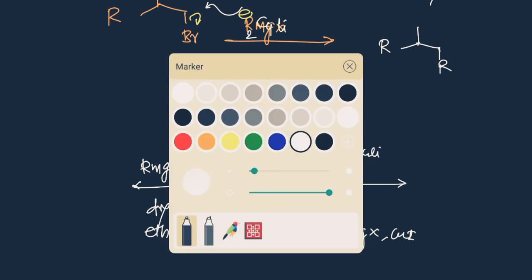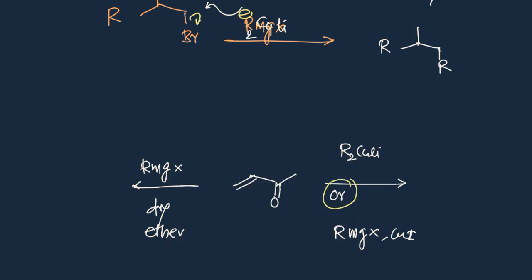Now we can compare why I am showing OR here, because R2CuLi always does the 1,4 addition, no doubt, but whenever a magnesium reagent is given along with copper, then it also shows the 1,4 addition, that is the same function as a Gilman. But in the case of a simple RMgX, it will only show the 1,2 addition.